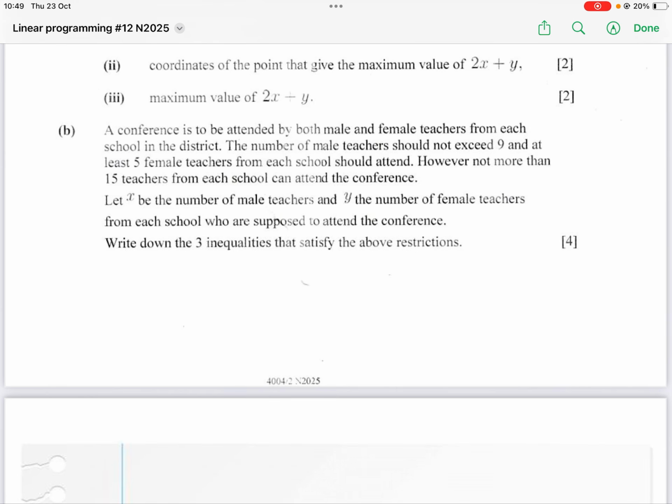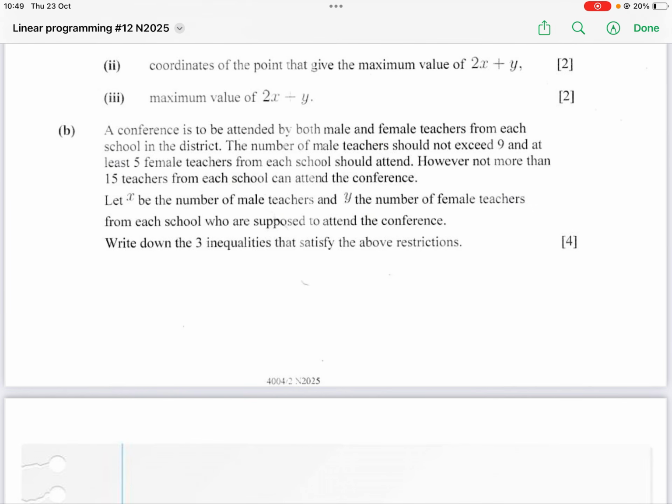And then finally, however, not more than 15 teachers from each school can attend the conference. So it means that if we add X plus Y, we are supposed to have less than or equal to 15 teachers, because they are not supposed to exceed 15.